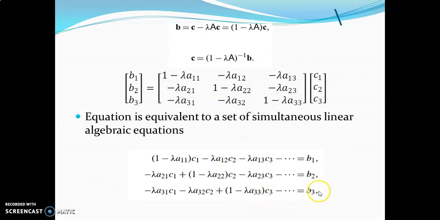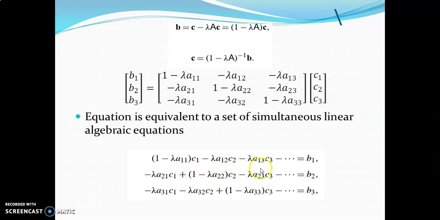So we got three simultaneous linear algebraic equations. So the integral equation where the kernel contains three terms is equivalent to three simultaneous linear algebraic equations. So we can solve the integral equation in the same method as we solve the set of simultaneous linear algebraic equations.